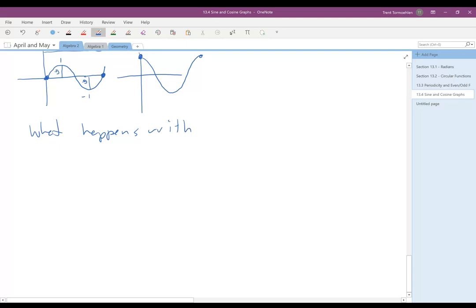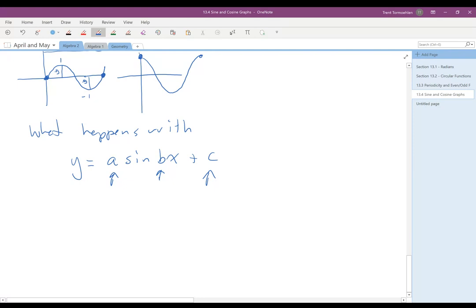We're only going to look at 3 today. Y equals a sine of bx plus c. So there's 3 variables here that we've introduced. One of them is multiplying times the sine function. The second one is multiplying by what's inside the sine function. And then the third thing is adding to the sine function.